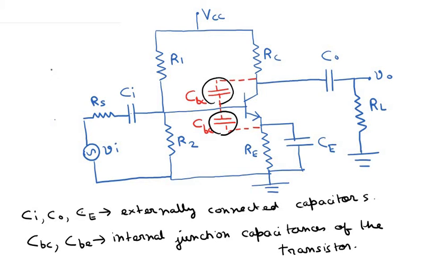So in the equivalent model, let us see how we draw the equivalent model in this case. We have this base, this collector, and then this emitter.